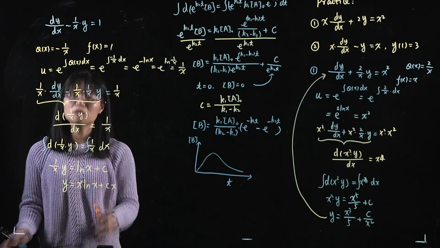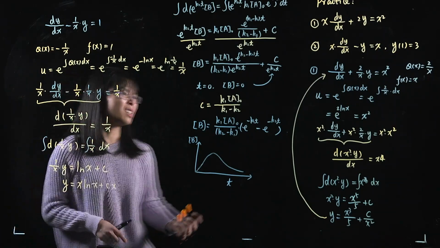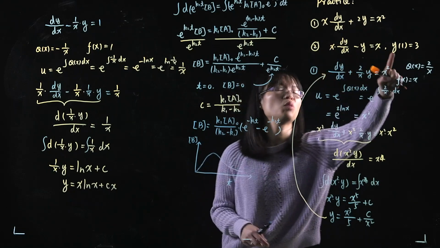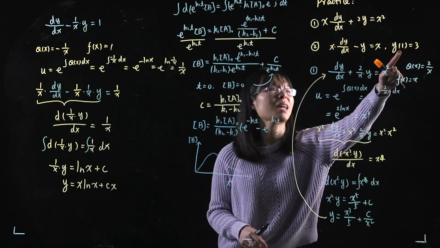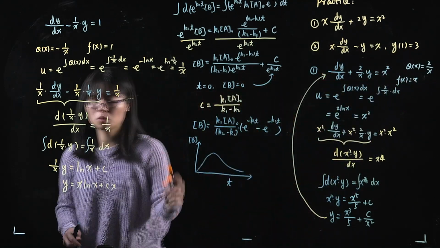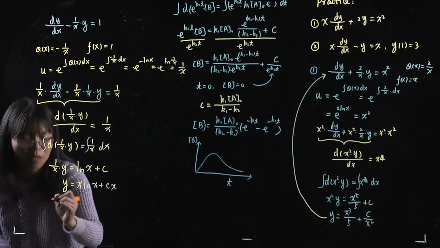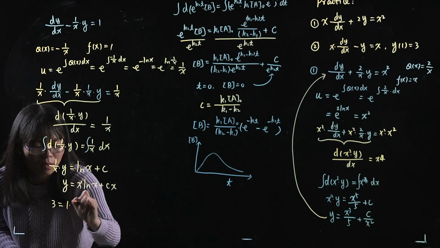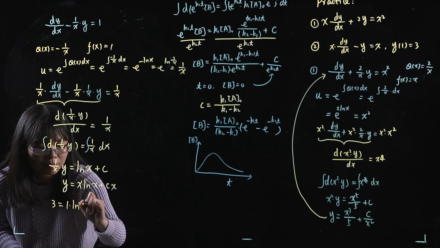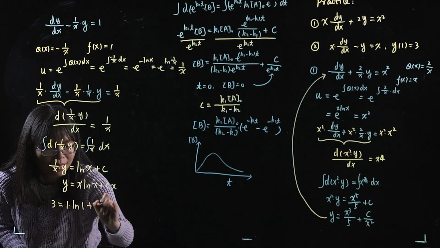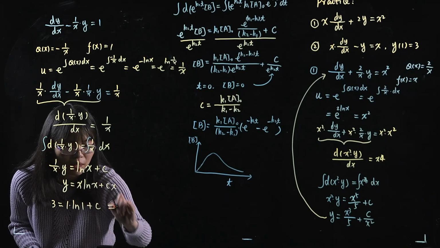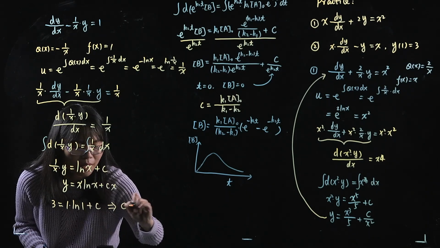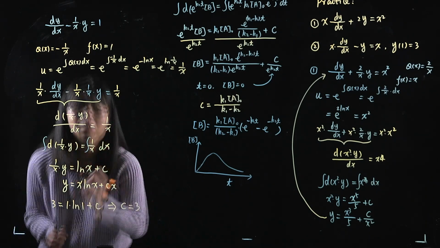Okay, so different from the first question, in addition to the equation itself, one more condition is I know when x equals 1, y equals 3. How about we plug that number in? y equals 3 when x equals 1, so 3 equals 1 times log 1 plus c. From there, you can find out c equals 3.